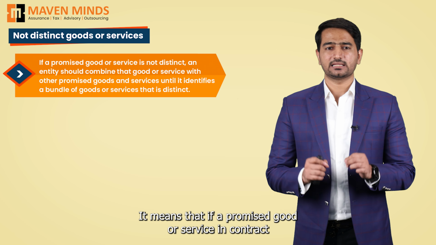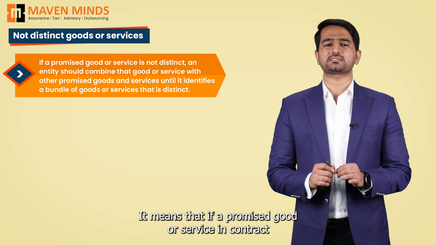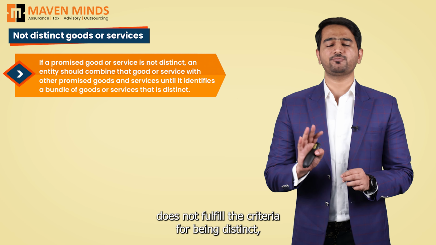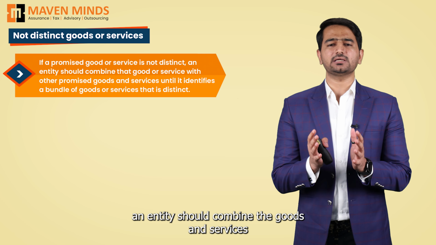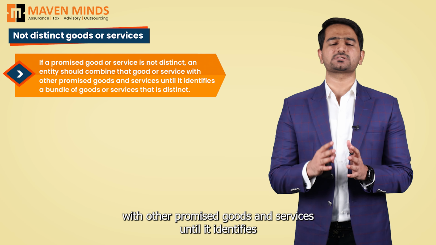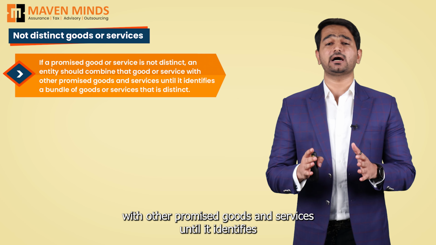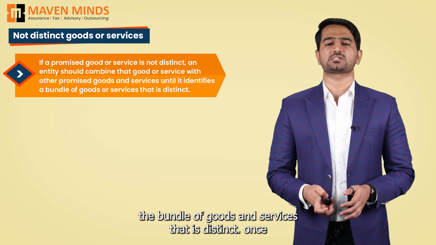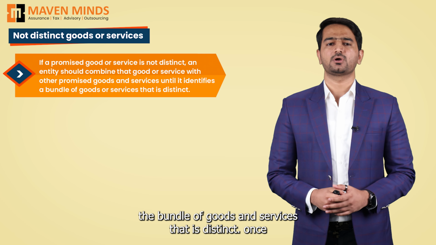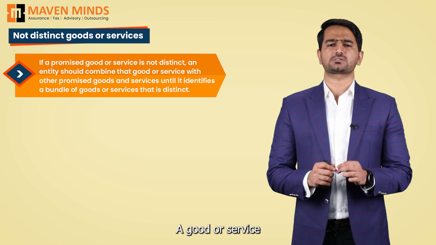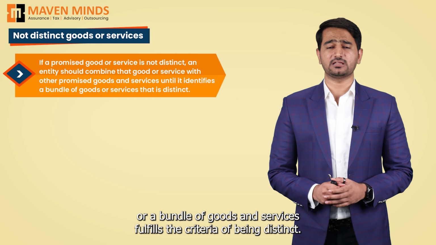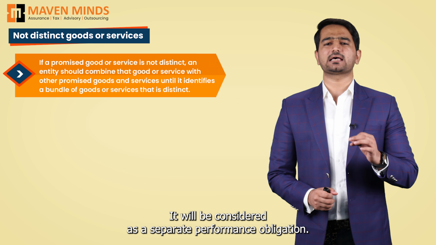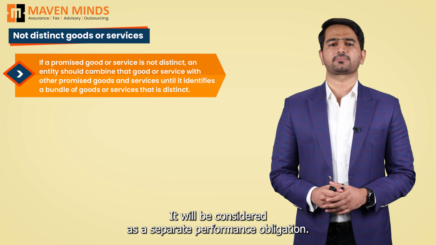It means that if a promised good or service in a contract does not fulfill the criteria for being distinct, an entity should combine it with other promised goods and services until it identifies the bundle of goods and services that is distinct. Once a good or service or a bundle of goods and services fulfills the criteria of being distinct, it will be considered as a separate performance obligation.